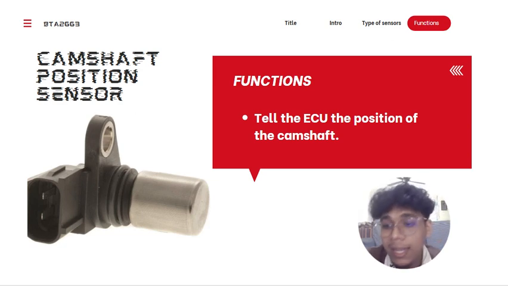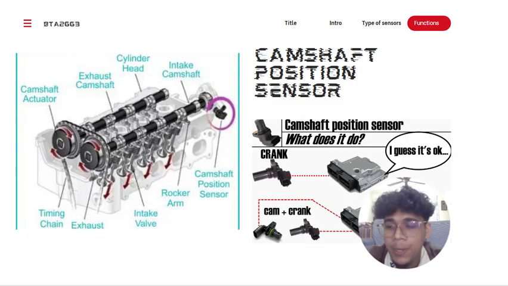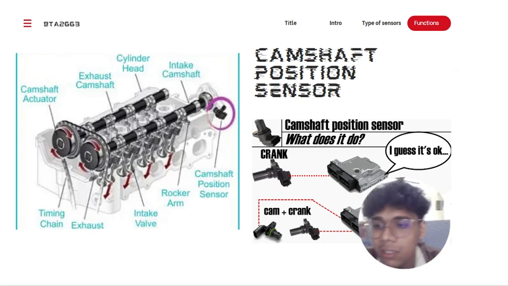It is also a layer of verification for the information coming from the crankshaft position sensor. A camshaft position sensor lets the ECU know what each cylinder is doing and when it will be doing it. This can be used, for example, for cylinder select control, sequential injection, and other selective systems.